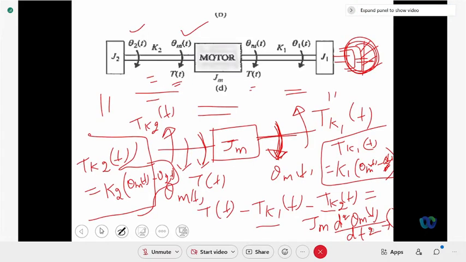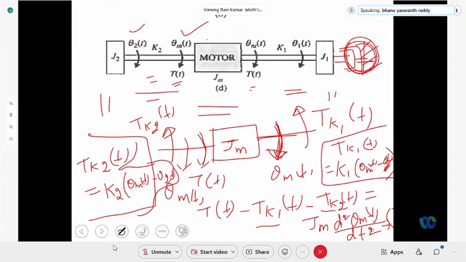Now, when I draw the free body diagram around J2, is this Tk2 of t in upward direction or downward direction? Downwards.